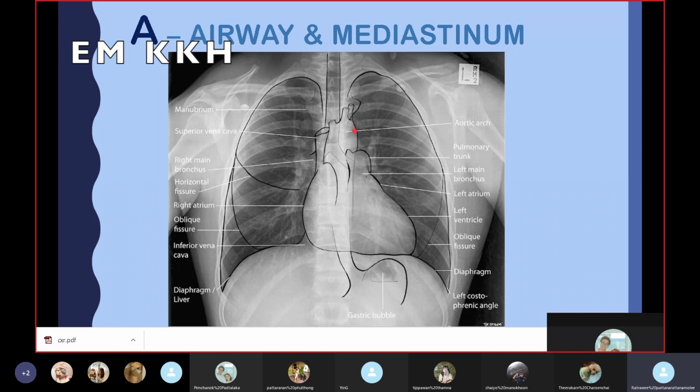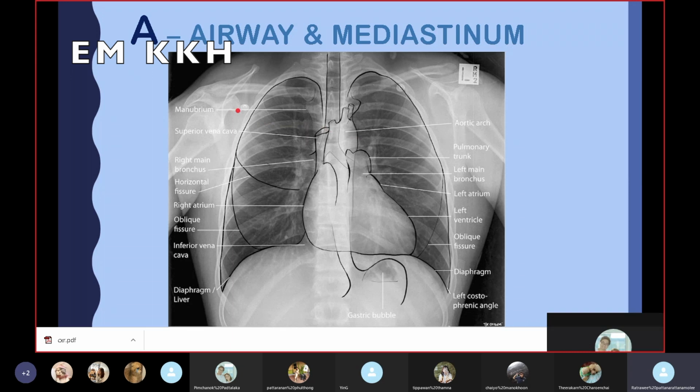The mediastinum should have a width of less than 8 centimeters on the PA view. A widened mediastinum can be associated with an AP view chest X-ray, thoracic aortic aneurysm, aortic rupture in trauma patients, or mediastinal lymphadenopathy.